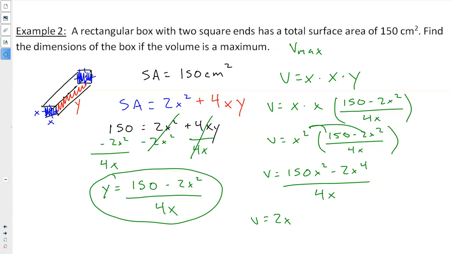So 2x out of 150x gives us 75x. And 2x out of negative 2x to the 4th will leave us with negative x cubed. And that is going to be divided by 4x. Okay, these x's will cancel here. We can reduce 2 over 4 to 1 over 2.